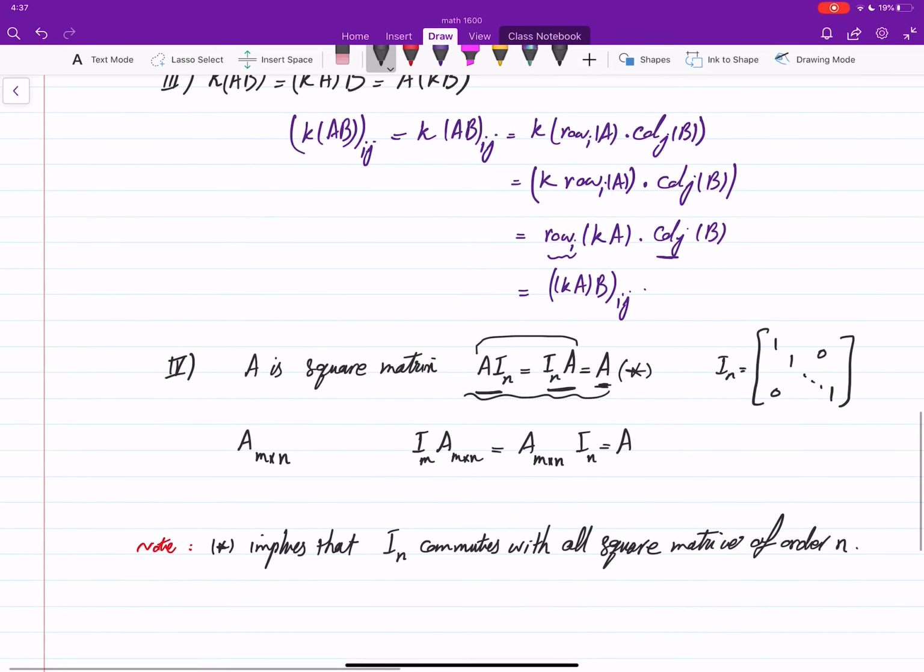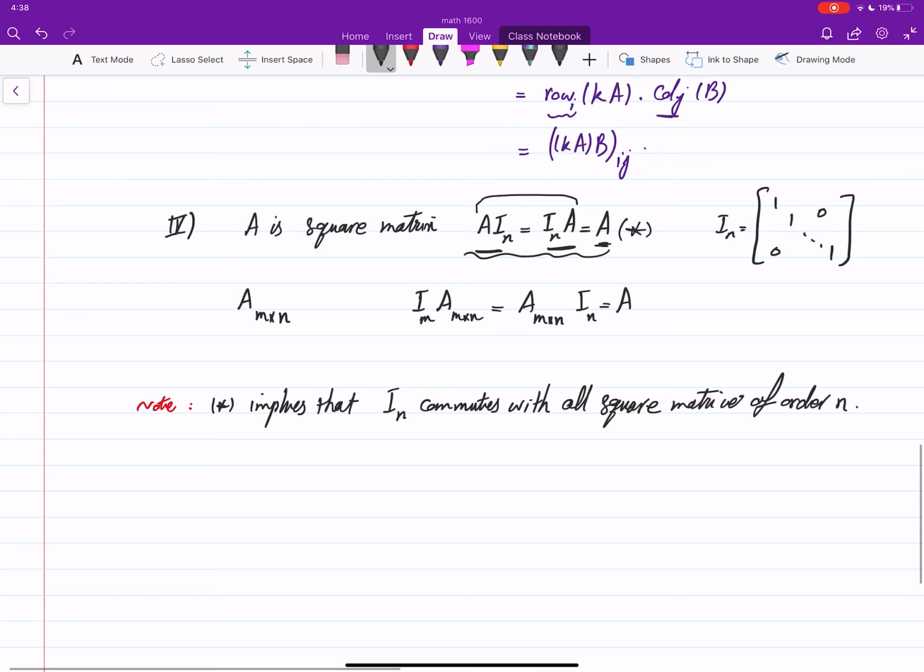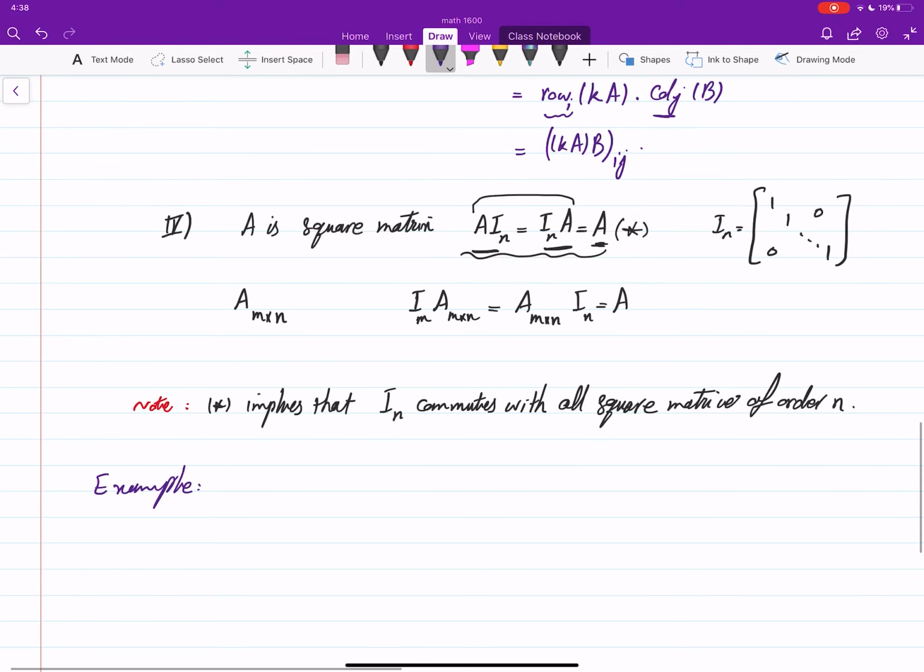Okay, so these properties specifically get interesting when you try to check identities. So let us see an example. When you try to check identities, remember in the numbers case, if you have (a + b) squared, this is the same thing as a squared plus 2ab plus b squared.